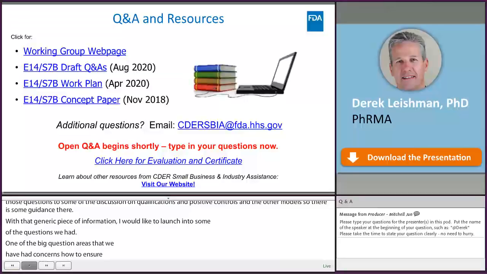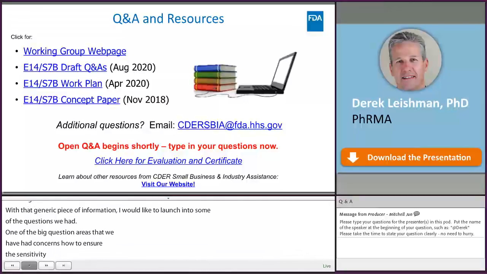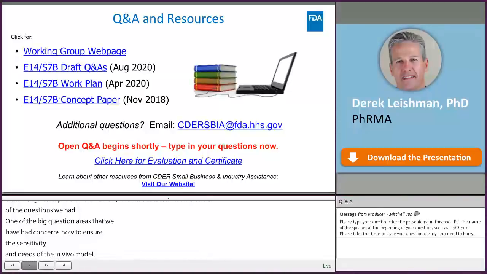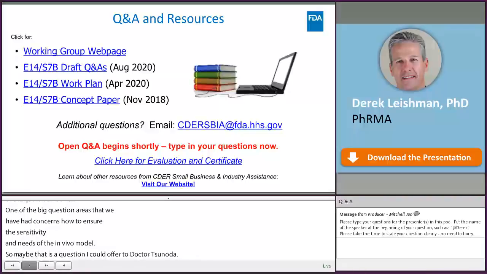So maybe that's a question I could offer to Dr. Tsunoda. Dr. Tsunoda, we had a number of questions regarding the number of milliseconds in the animals and the relative sensitivity that we need for the in vivo model. Maybe you could address that generically.